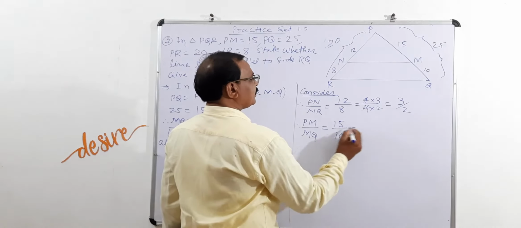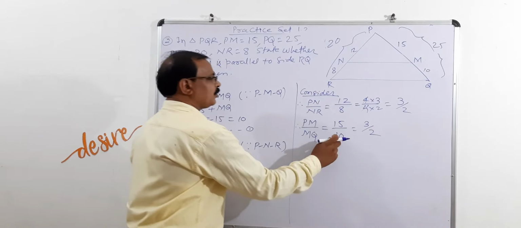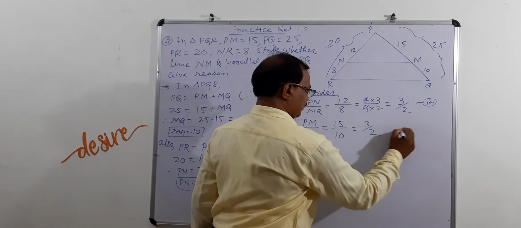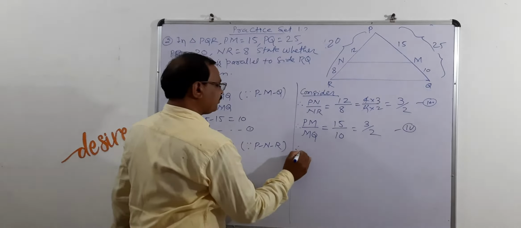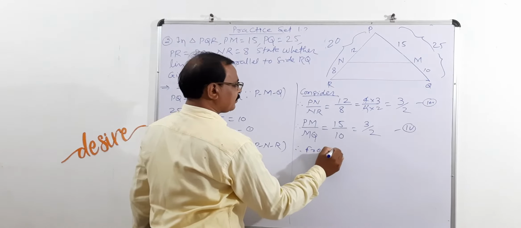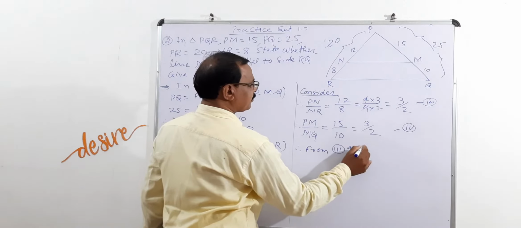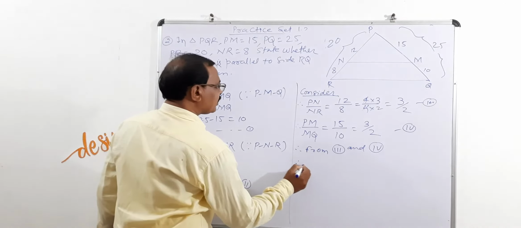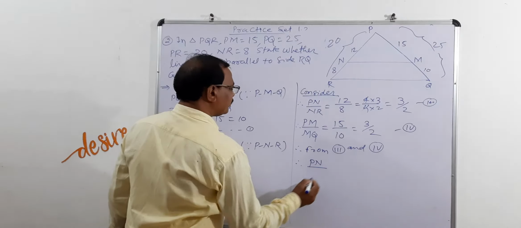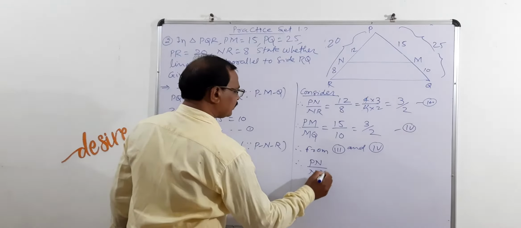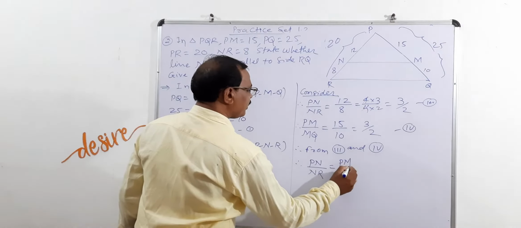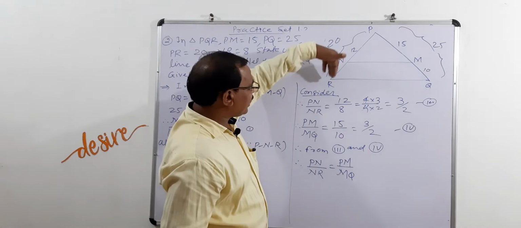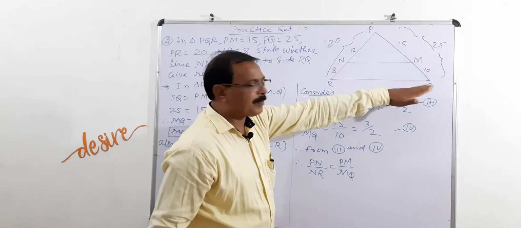So again this can be written as 3 by 2, 5 2s are 10 and 5 3s are 15. From these, we can say that PN upon NR is equal to PM upon MQ.